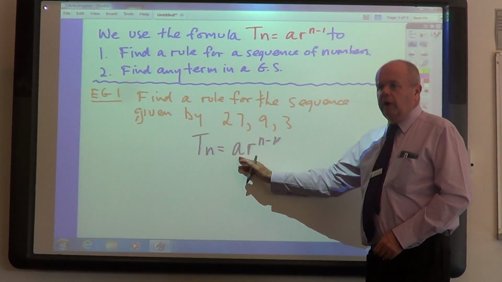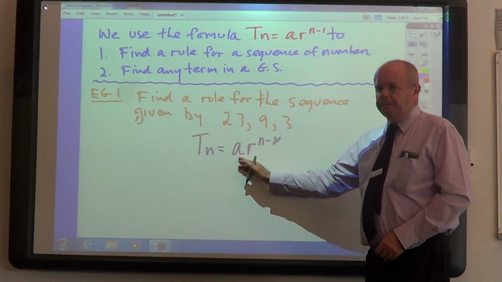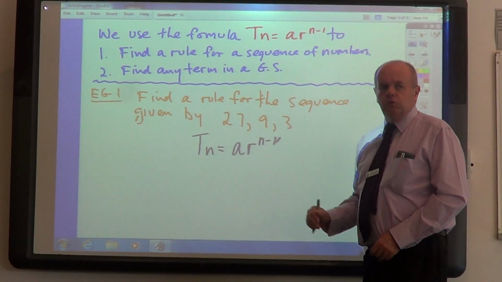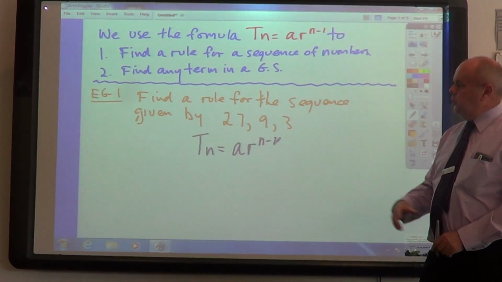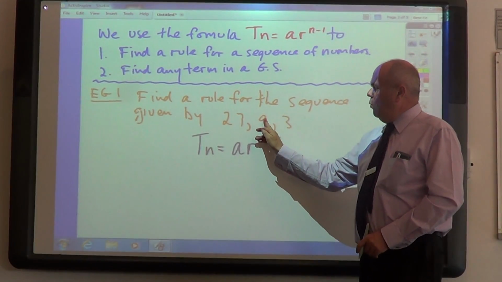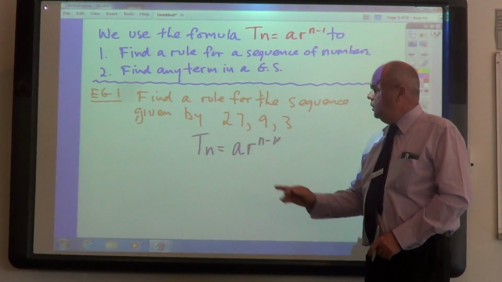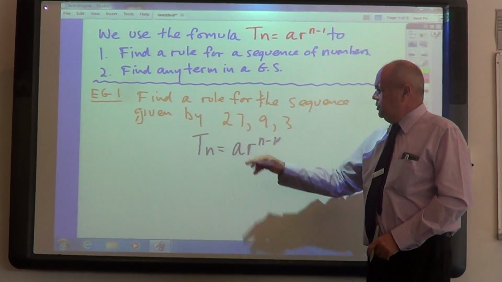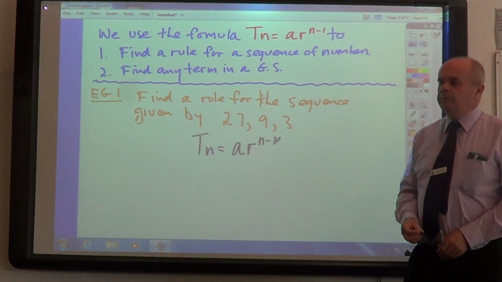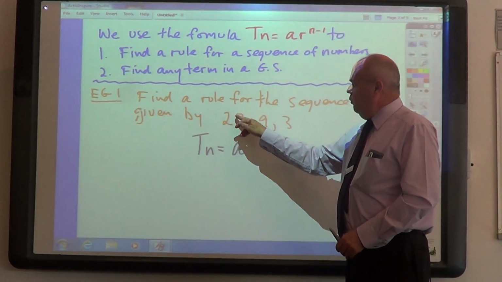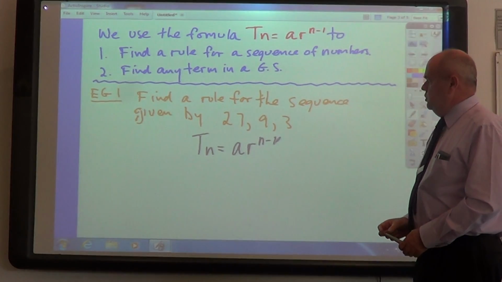I can find a value for A quite clearly, can't I? 27. A is always the first term. R is the common ratio, and that's found by dividing one term by its previous term. So it's 9 divided by 27, which is a third, or 3 divided by 9, which again is a third. If that was a third and that wasn't a third, you would not have a geometric sequence.